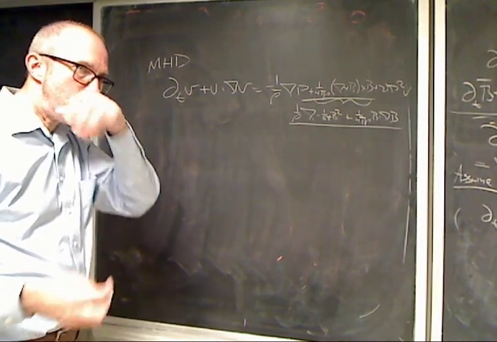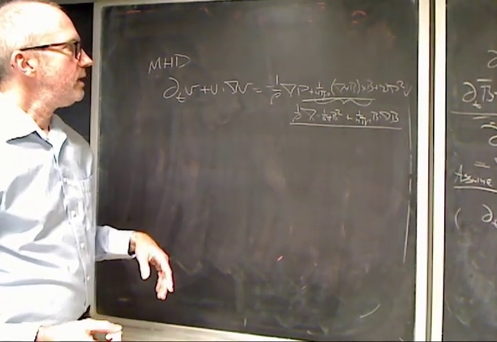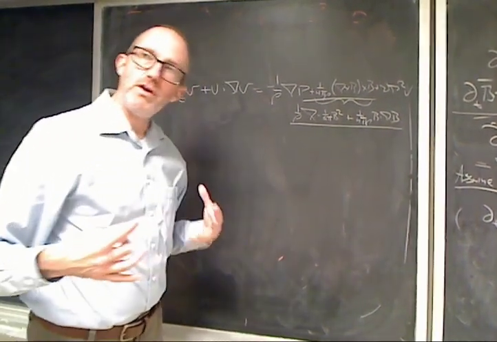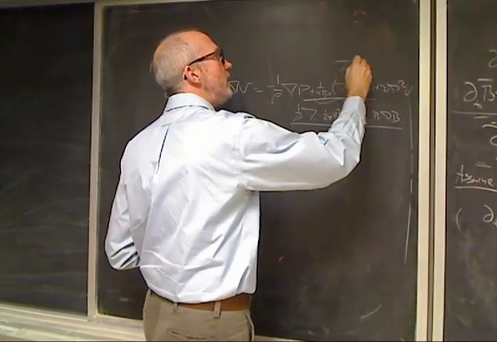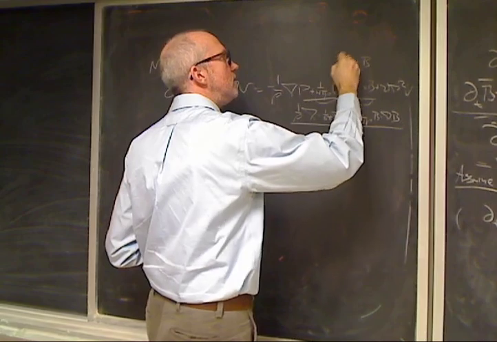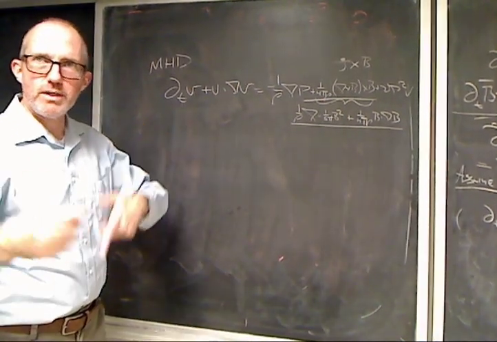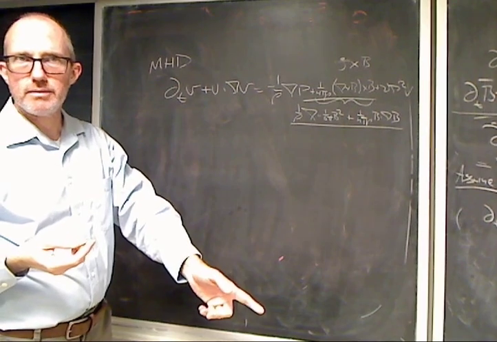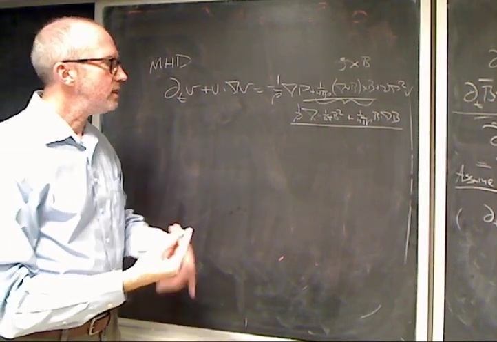So let's just look up the vector identity at the back of the book, and this falls out. But we have two different interpretations of what these two things are. So this is J cross B, where J is the current that's flowing in the plasma, crossed with the magnetic field.